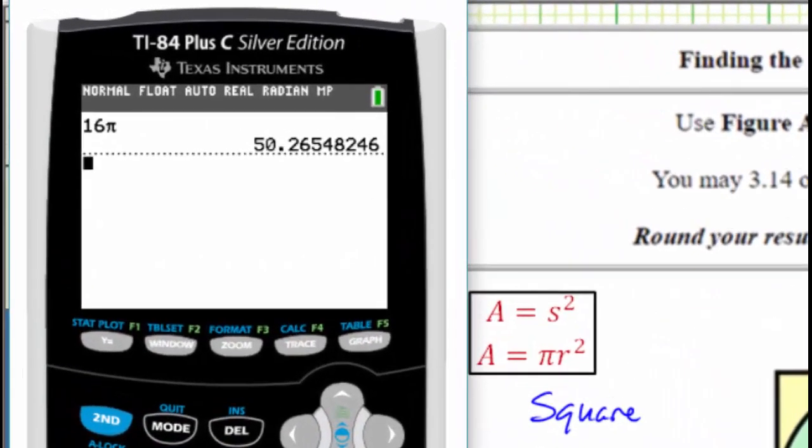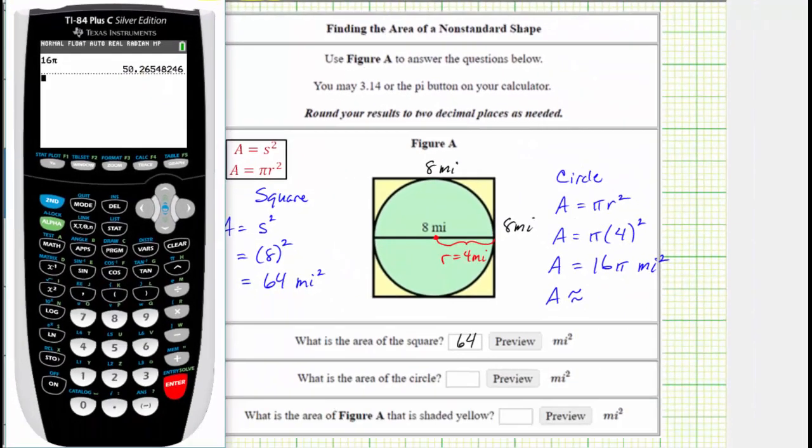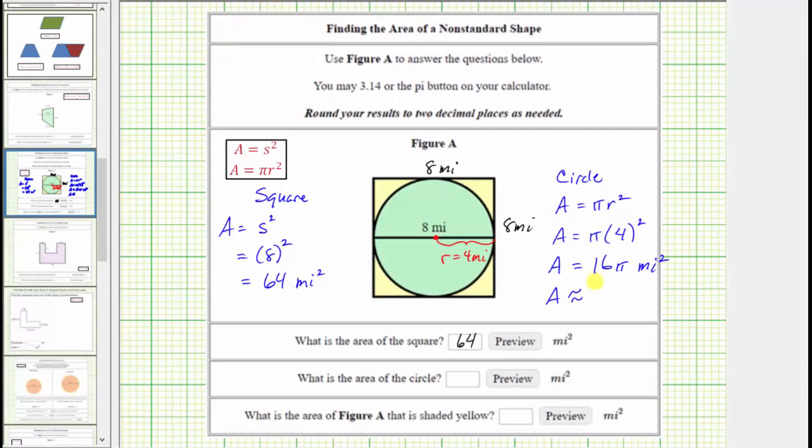We are rounding to 2 decimal places, so notice how we have a 5 in the thousandths place value, which means you round up. This is approximately 50.27, and therefore the area of the circle is approximately 50.27 square miles. We enter 50.27 below. The units are already here. But I'm also going to write down the exact area here on the right, which is 16 pi square miles.